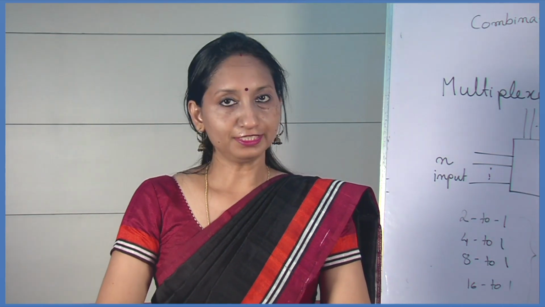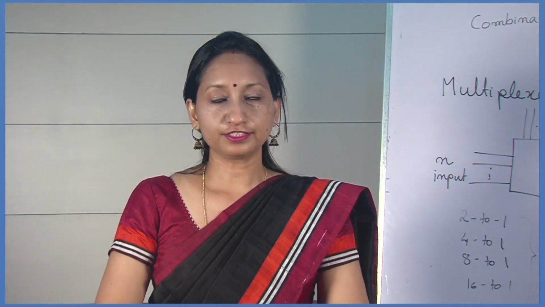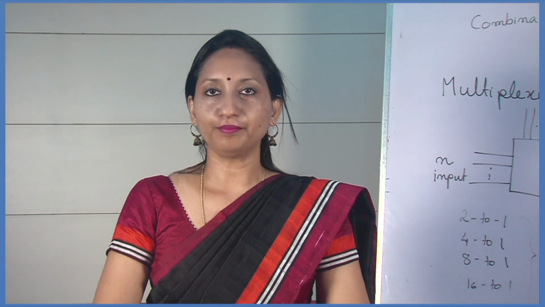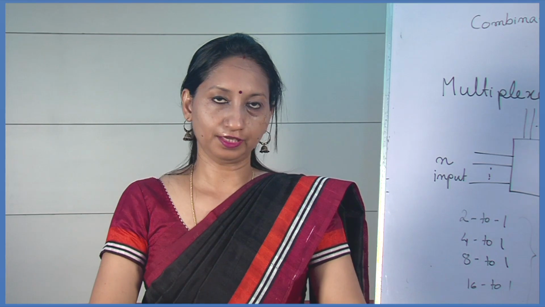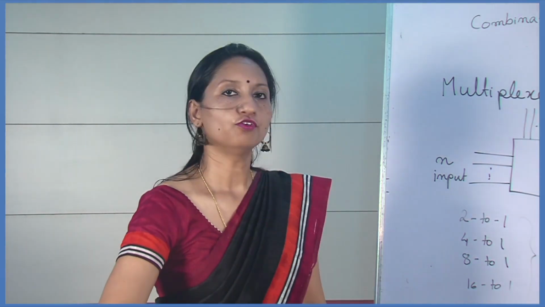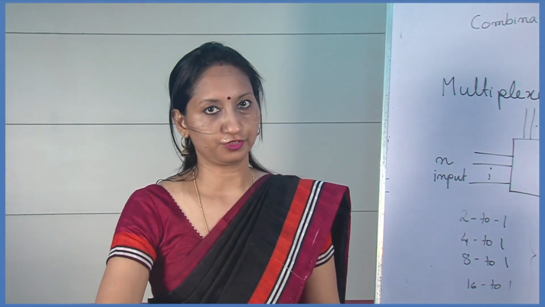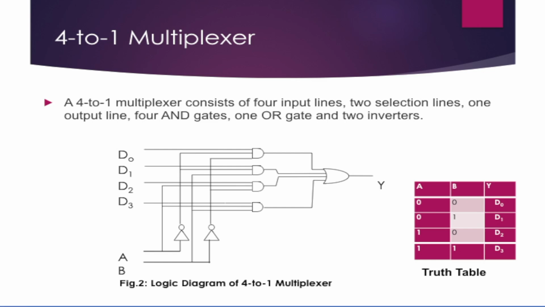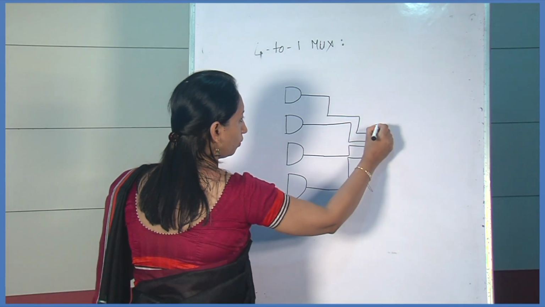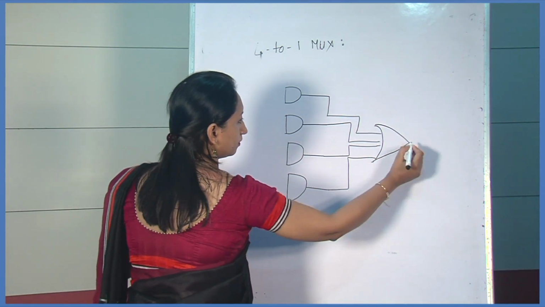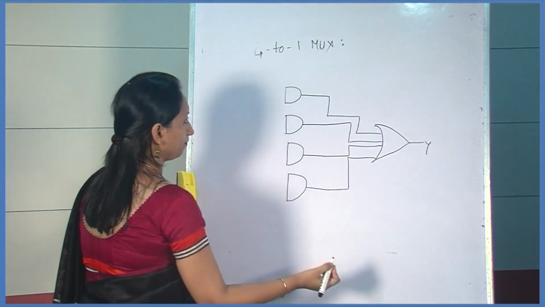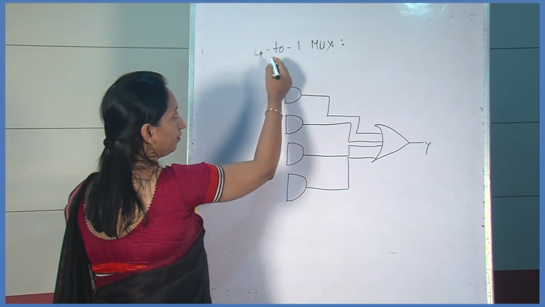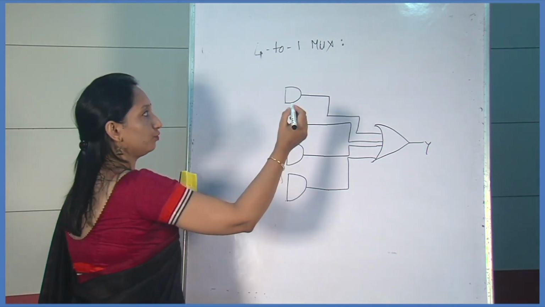So in a multiplexer, the selector inputs determine the output. In this case we check the 4 to 1 multiplexer. So first let us see the 4 to 1 multiplexer. Here we add an OR gate. So the output is Y. Here the number of control lines will be 2.